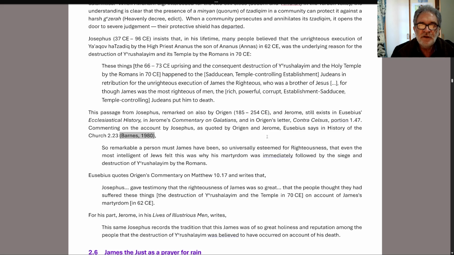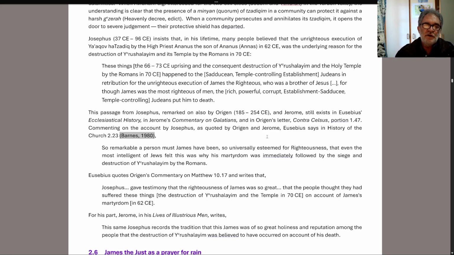Eusebius quotes Origen's commentary on Matthew and writes that Josephus gave testimony that the righteousness of James was so great that the people thought they had suffered these things, in other words, the destruction of Jerusalem and the temple, in the year 70 on account of the martyrdom, the judicial murder of Yaakov HaTzadik.